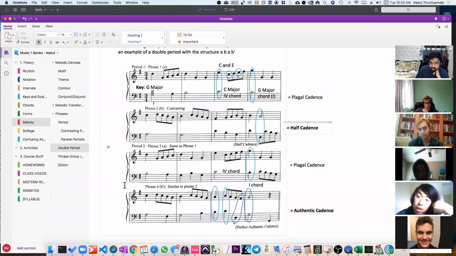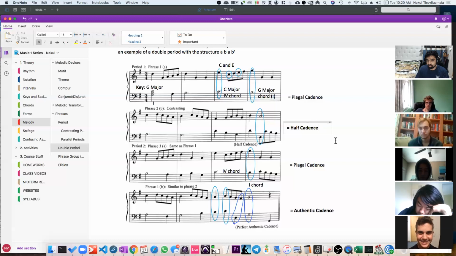Wouldn't that just be a parallel period? That would just be 1 period, right? If I consider this as 4 phrases, what I get is a double period. But if I consider this whole thing as 2 phrases, what I get is a period.